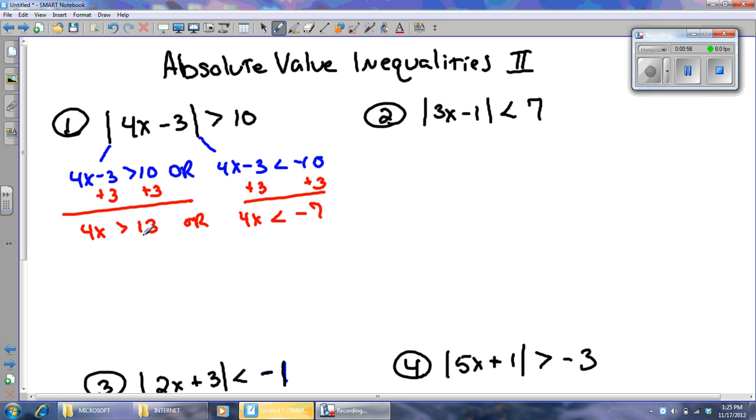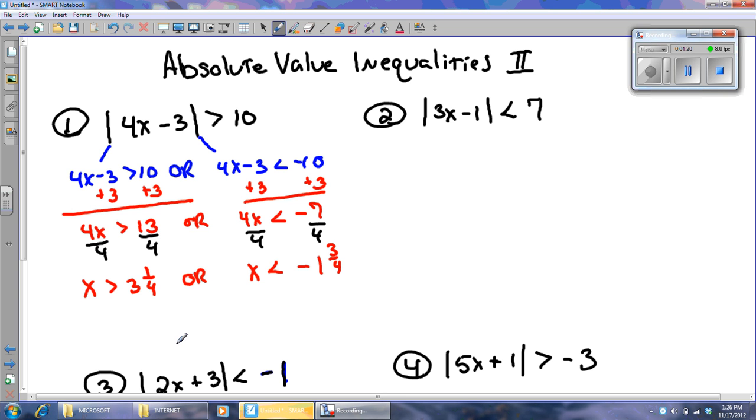Got to get x alone, so I'll divide by 4, both places, and that will give me that x is going to be greater than 3 1/4, or x will be less than negative 1 3/4.